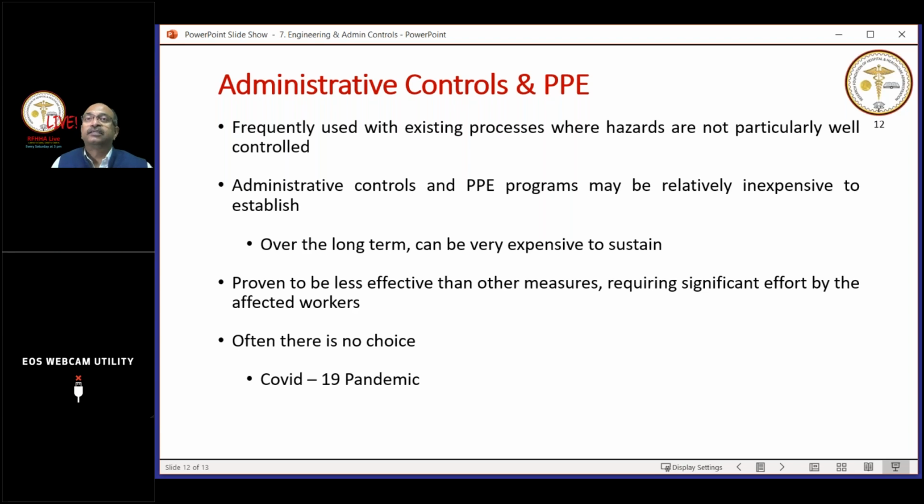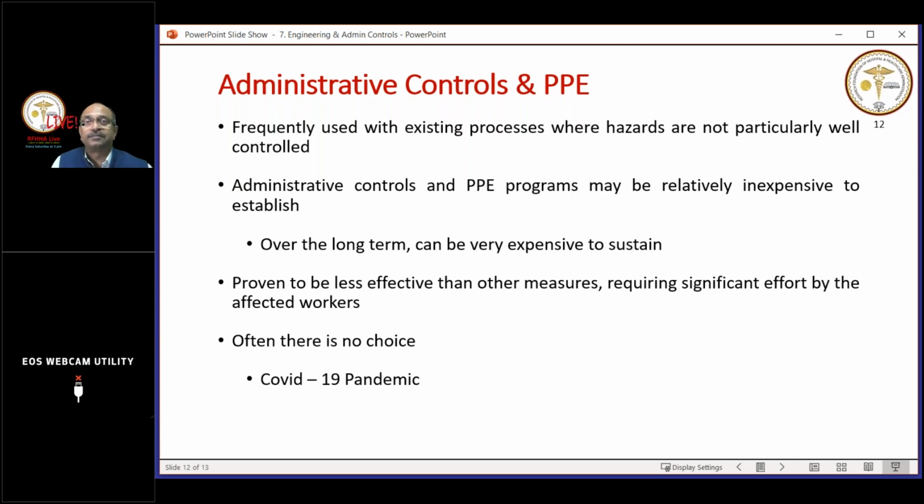I think all of us who have had the experience with the COVID management in the last 1 year would have realized that PPE is a huge expense when you apply PPE across the board for everyone. And therefore, at a lower level or on a smaller scale, it might look relatively inexpensive.